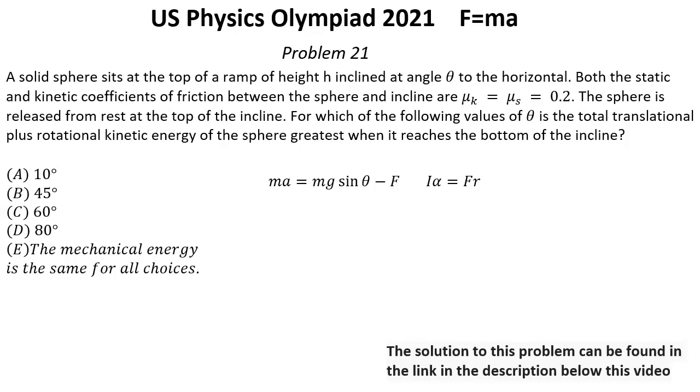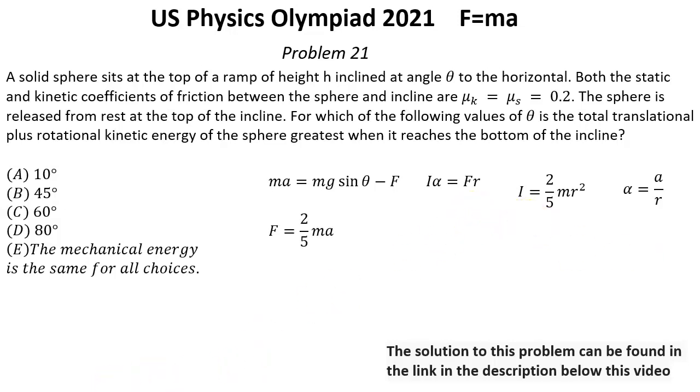For a solid sphere, the moment of inertia I equals 2 over 5 m r squared. And the condition for no sliding gives us angular acceleration alpha equals acceleration a over the radius of the sphere r. Let's put this into the second equation.